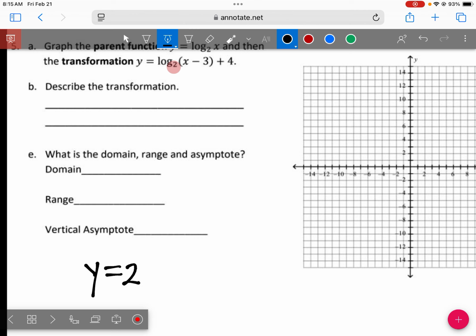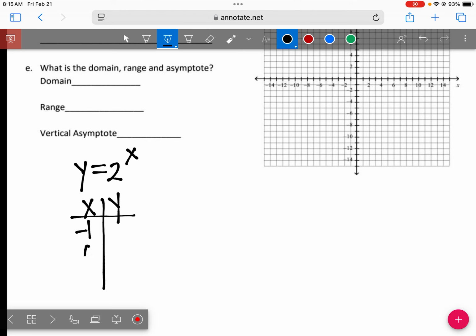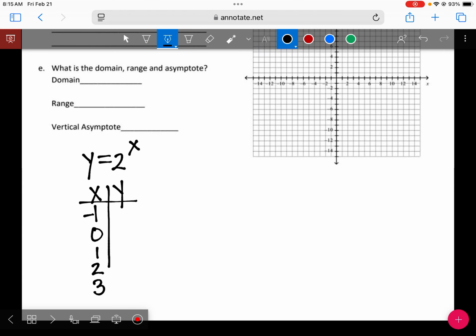Which would be y equals 2 to the power of x. So we're going to take 2 to the negative 1, 2 to the 0, 2 to the first, 2 to the second, and 2 to the third.